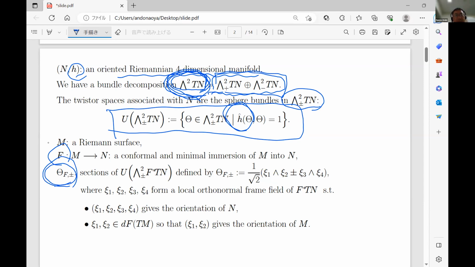These are sections of the twistor spaces associated with the pullback bundle by F, defined by this.